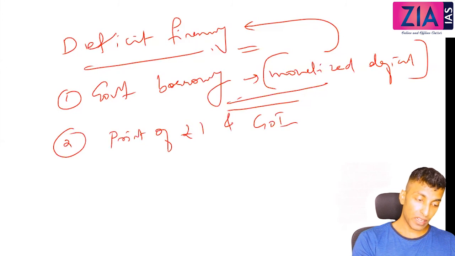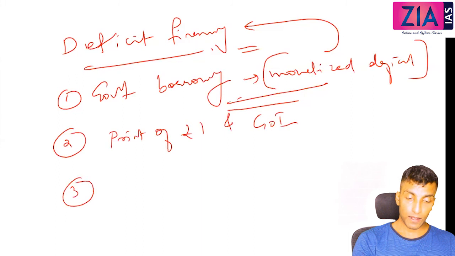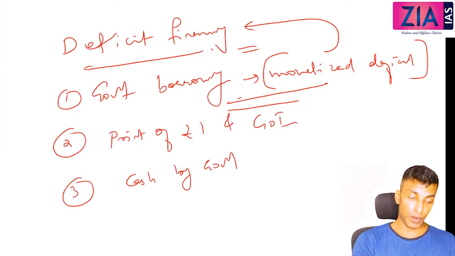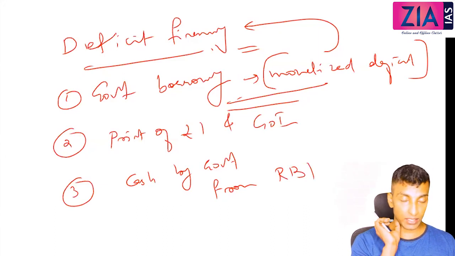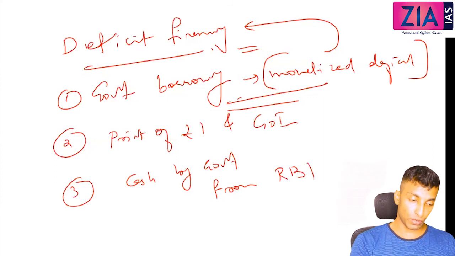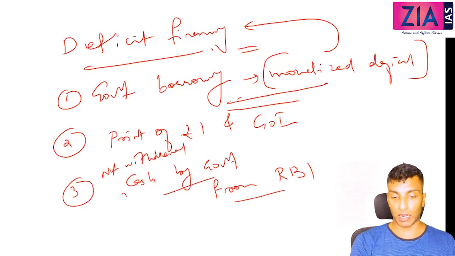Third one, net withdrawal of cash by the government from its account with RBI. So every government, state government and central government, has to keep an account with RBI. So from that, the net withdrawal of cash by the government from RBI.